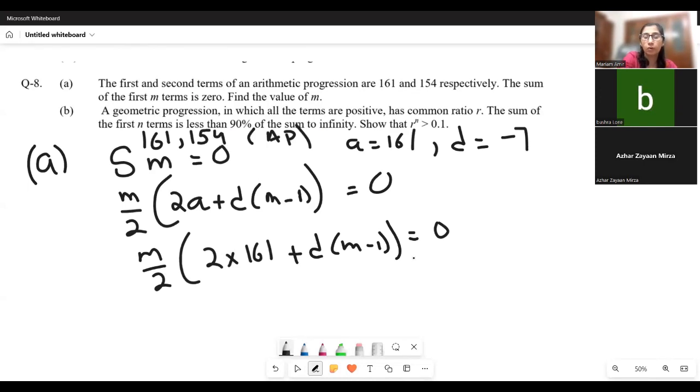So m upon 2 can go to the other side, get divided by 0, becomes 0. So m over 2 is eliminated. 2 into 161 is 322 plus d times m minus 1, oh sorry, d is -7. Why did I not substitute that?